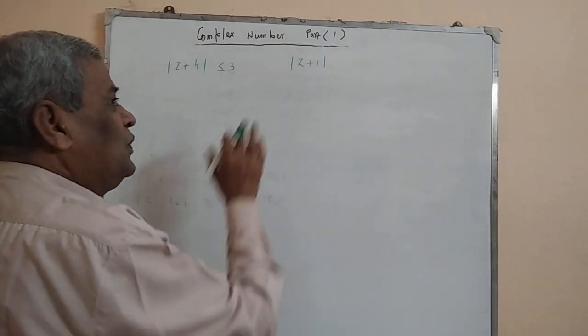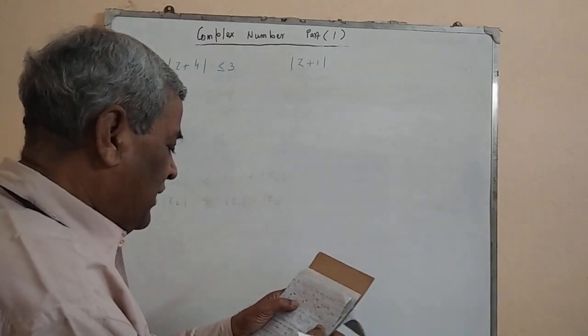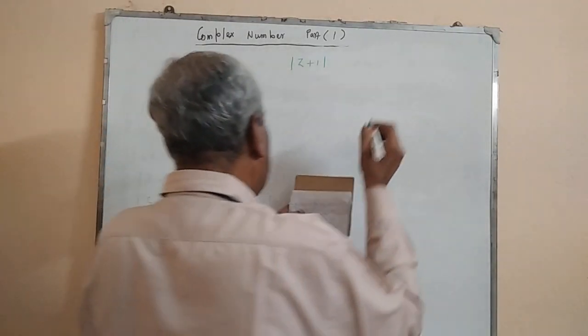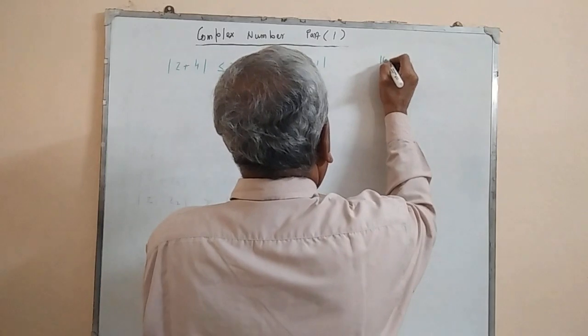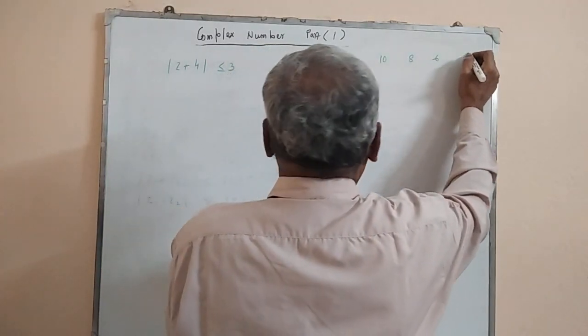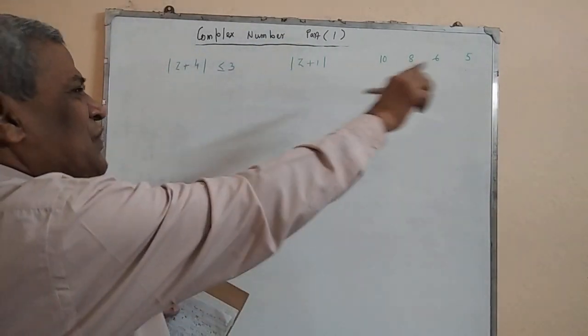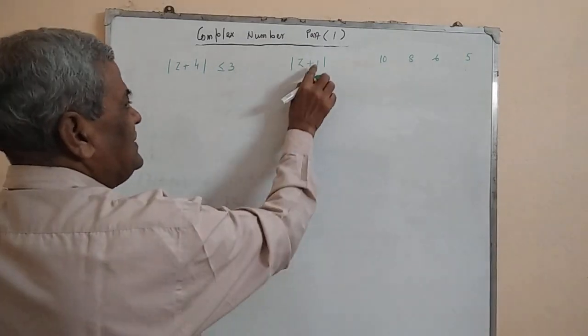This is given, we have to find the maximum value of that, and there are a few options: number 1, 10, 8, 6 and 5. A, B, C, D.